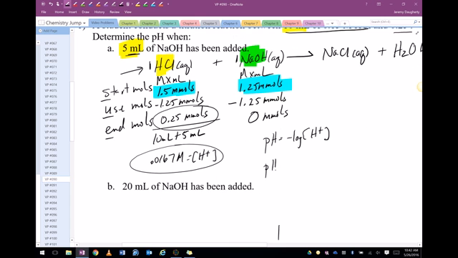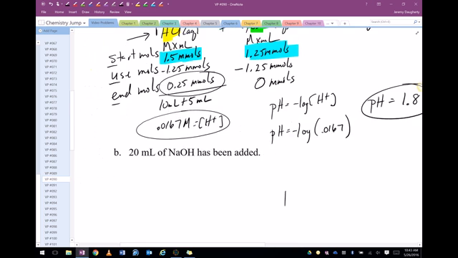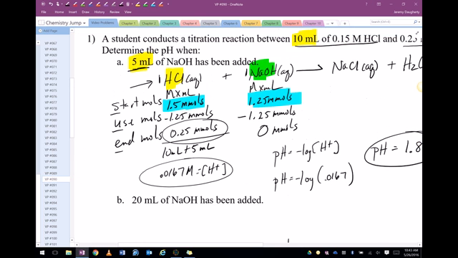So there's my pH. 1.7, 1.8, because I should only have one sig fig. pH is equal to 1.8. Alright, so that's 5 milliliters.